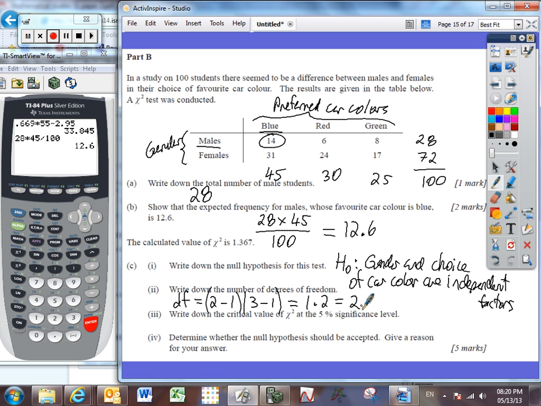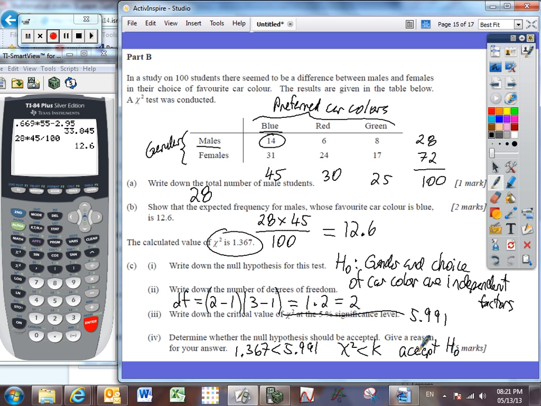Write down the critical value of chi-squared at the... I have a funny feeling I changed this question for you already, and I gave you that the critical value was 5.991, and we needed to conclude whether the null hypothesis should be accepted. And because your chi-squared value is 1.367, and 1.367 is less than the critical value, that is to say that our calculated value is less than our critical value, that means that we will accept the null hypothesis.